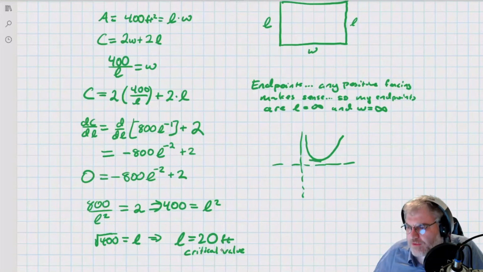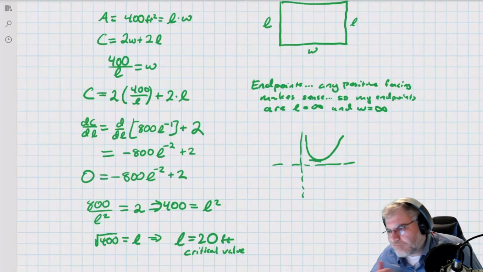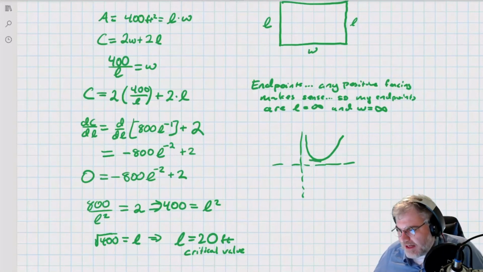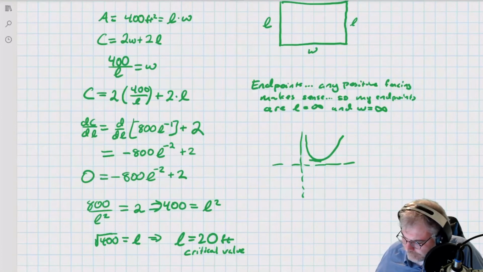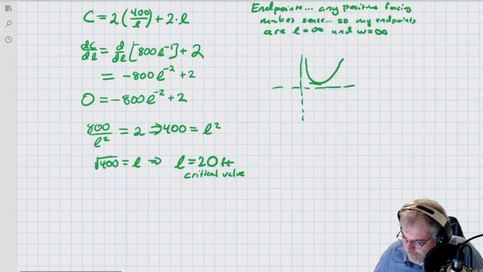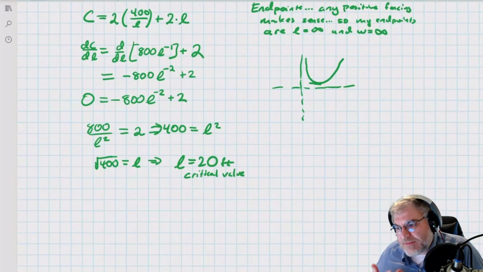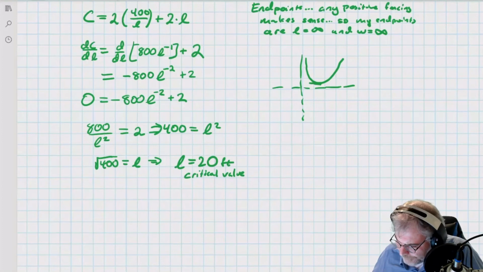And I only have one critical value. Might be okay with that. I got infinite endpoints and only one critical value where I've got a finite number, right? So it's got to be that L equals 20.